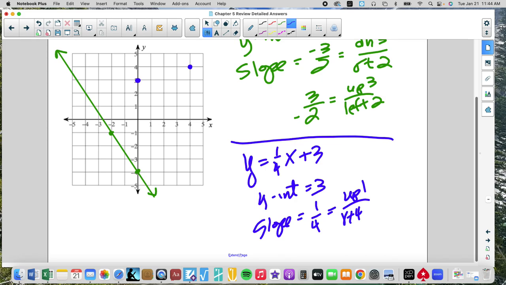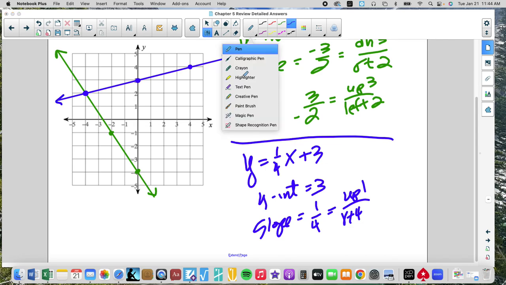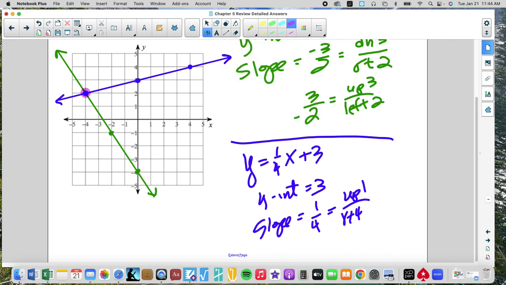Or the opposite would be down 1, left 4, because two negatives make a positive, and that would be an equivalent fraction. -1 over -4 is equal to +1 over +4. And we see where our point of intersection is. That location, written in coordinate form, you must include parentheses, -4, 2. So when you give the answer, you have to write it as a coordinate. A coordinate includes parentheses and an x and a y value.